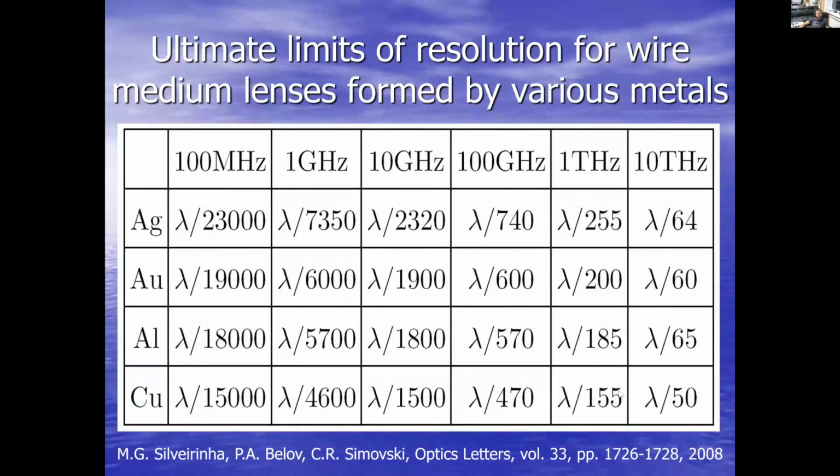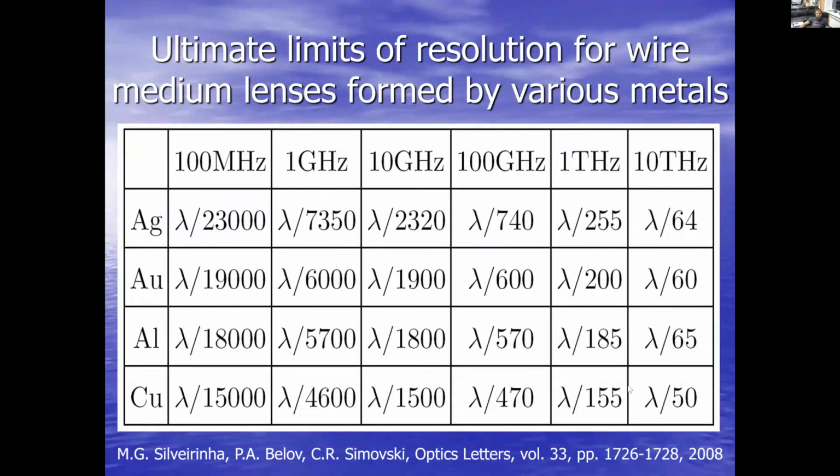Returning back to resolution and to what George was asking at the very beginning, depending on the frequency at which your lens is operating and depending on the material which you are using for your lens, you have some limits in terms of the resolution, because you cannot make the radius smaller than the skin depth, and reciprocally you cannot make the period much smaller.